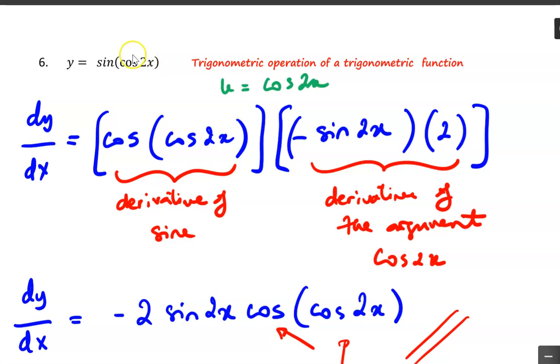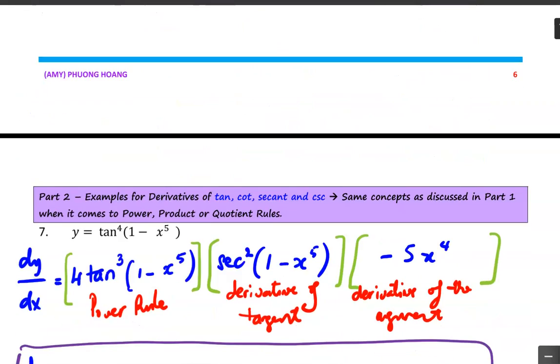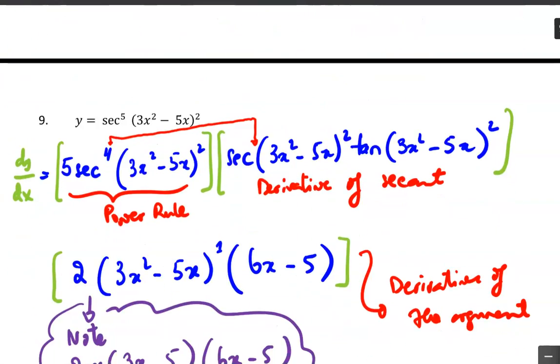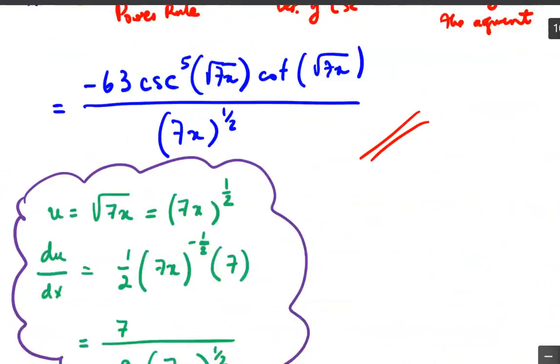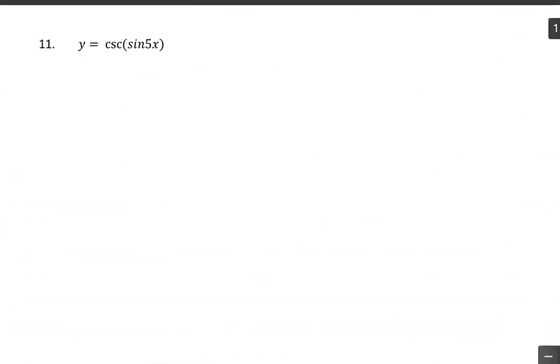Just remember that the argument of the sine function is another trig function, so the same concept applies. If I move on to question number 11, like I have mentioned, we will have 3 more questions to finish this derivative of transcendental function lesson.